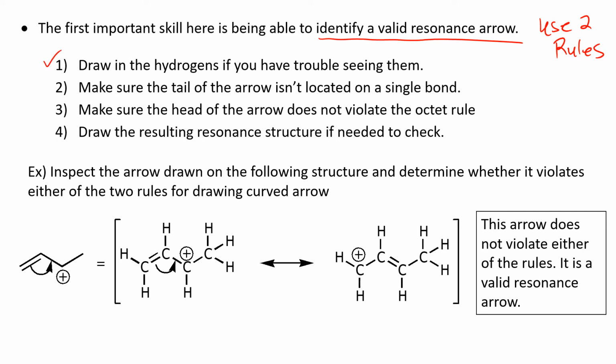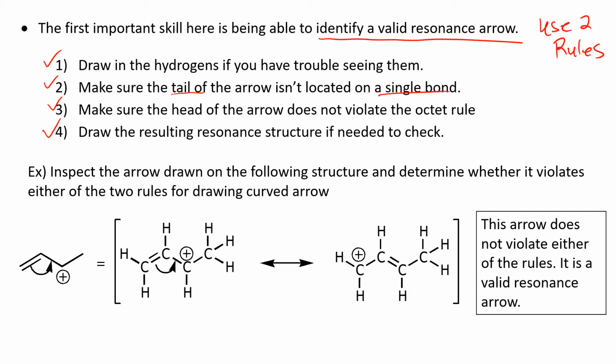Make sure the tail of the arrow isn't ever located on a single bond, because that means we're violating the first rule, breaking a single bond. So the tail of the arrow should never be on a single bond. Make sure the head of the arrow isn't putting the electrons on an atom that would exceed the octet rule. And if you're still not seeing it, try to draw the resonance structure that results from the movement represented by the arrows.